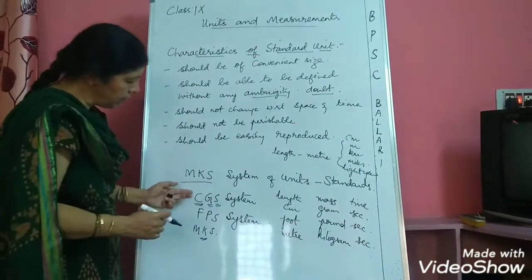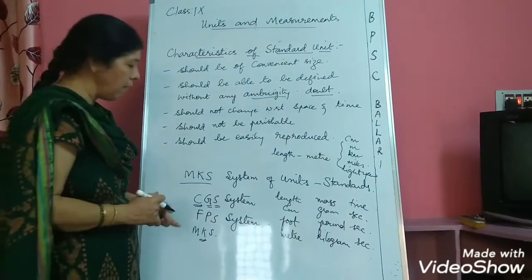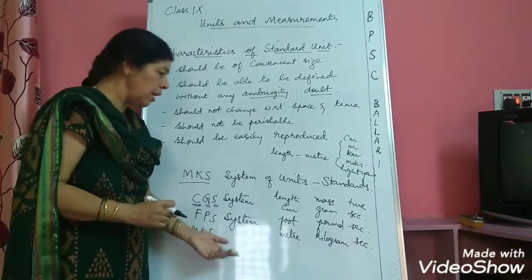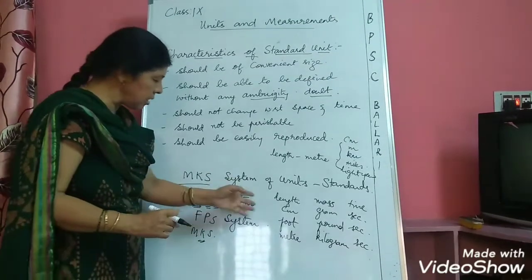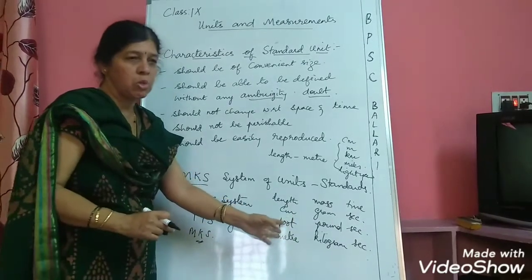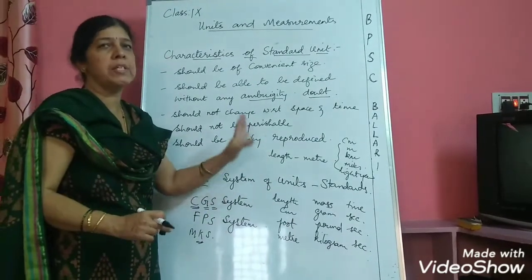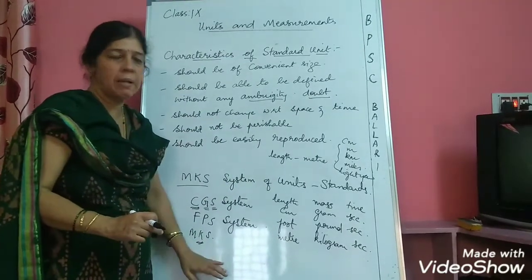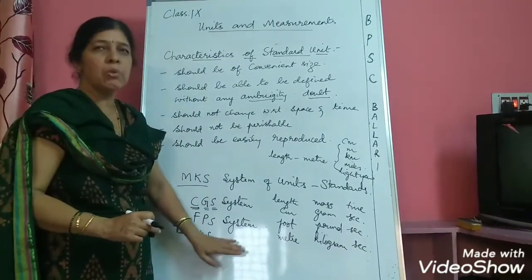These are the various systems of units we have. Of course in our daily life, we don't use only the MKS system; we sometimes use the CGS system and sometimes the FPS system also. But whenever you go for scientific investigations, it is always better to use the MKS system because it is accepted throughout the world.